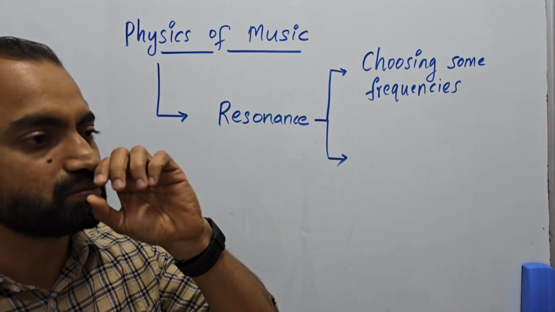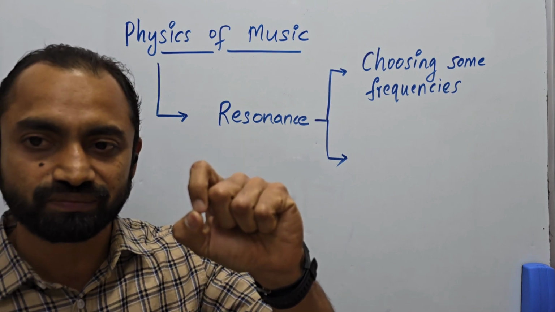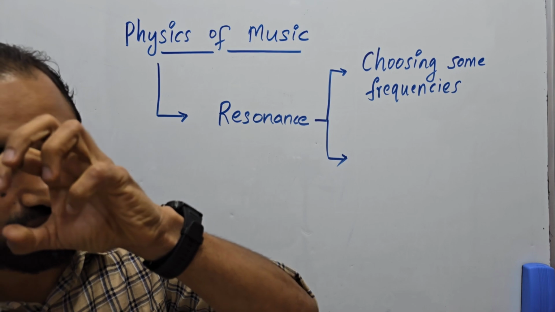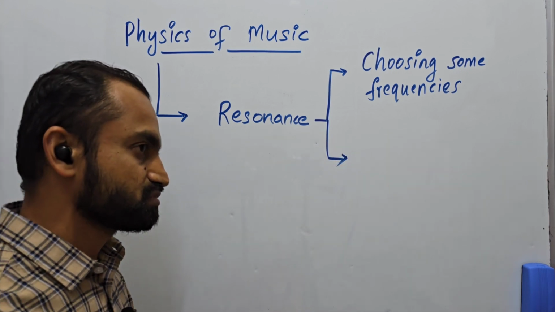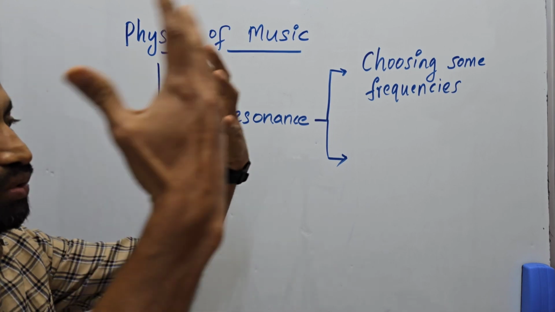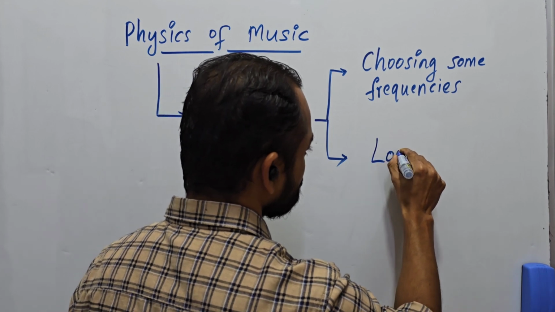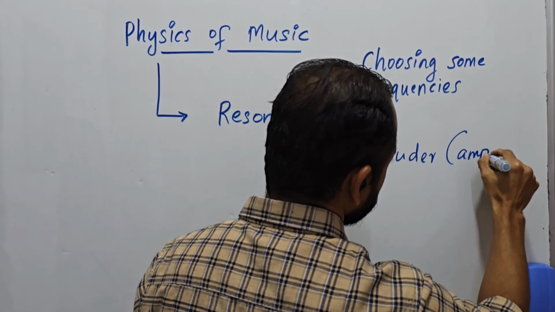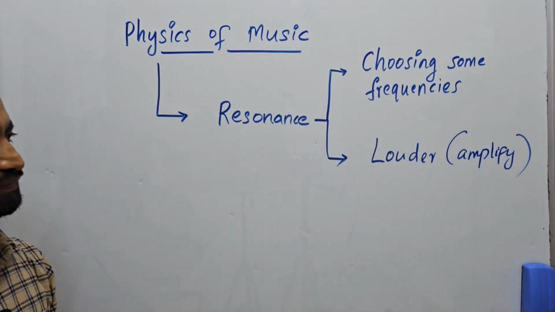But when I use a music instrument, what that instrument does is select only some frequencies from my sound, and after selecting those frequencies, it makes them louder, meaning it will amplify those sounds.